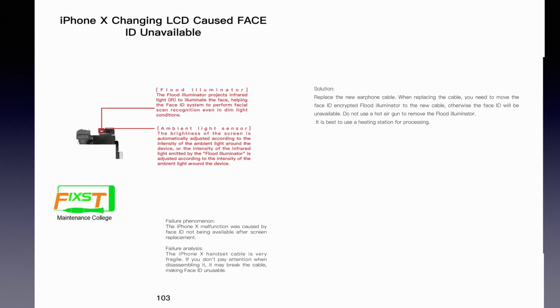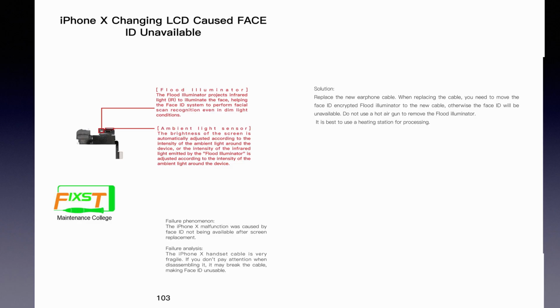And we can see that the ambient sensor automatically adjusts the brightness of the screen according to the intensity of the ambient light around the phone, or the intensity of the infrared light emitted by the flood emitter is adjusted according to the intensity of the ambient light around the phone.